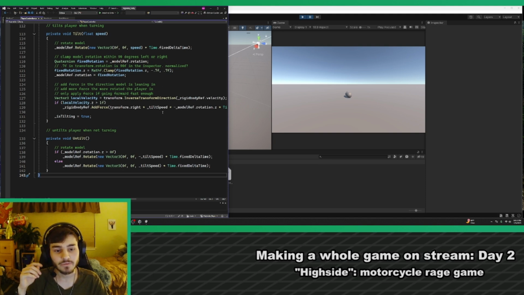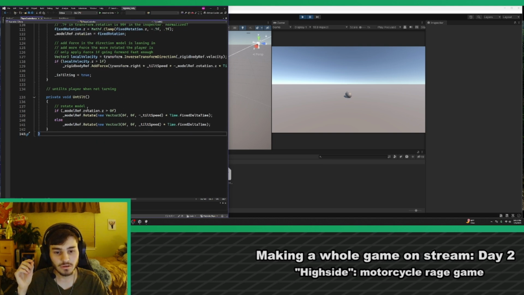We apply force if going forward fast enough. Yes. It's greater than 1. And untilt is just if model ref.rotation.z is 0f, etc. Actually, no, I don't think that matters.